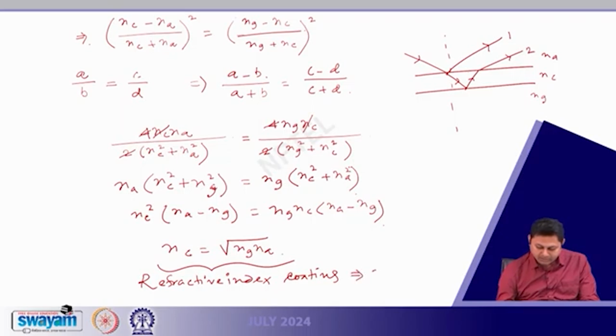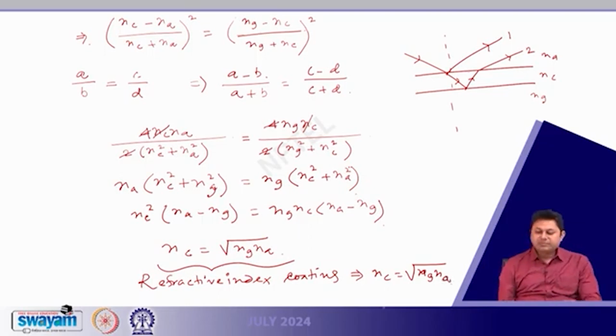And that is root over of Ng Na. So that means if we know the refractive index of the glass, we can find out the refractive index of the coating such that this reflectivity will remain the same.